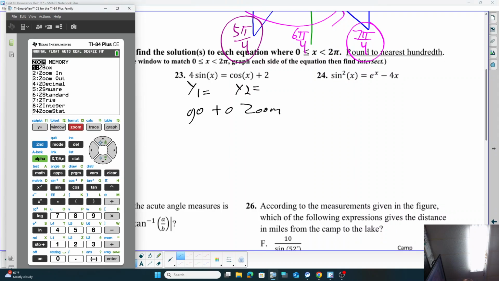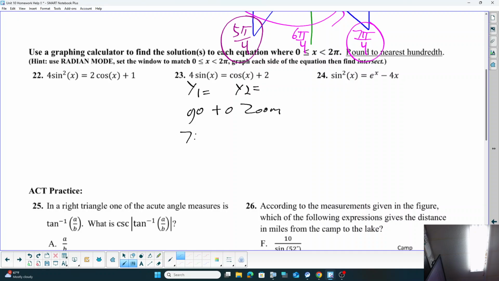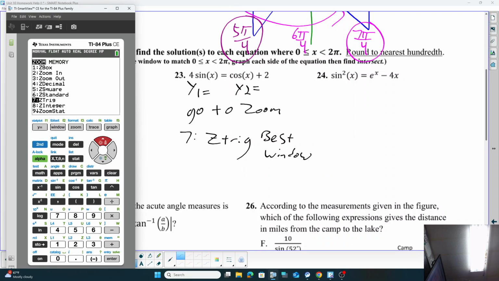And probably the best way to do that is zoom trig. So let's do 7, zoom trig. It's probably the best window to help us.